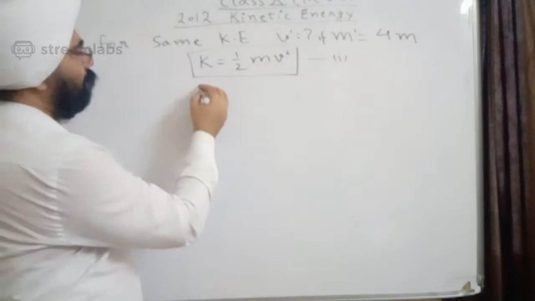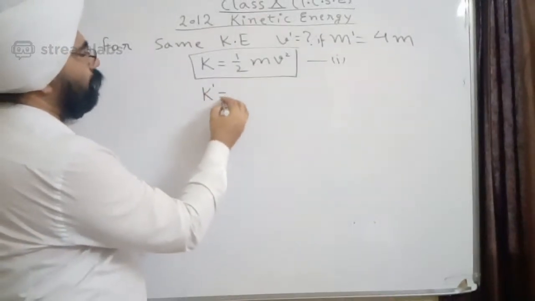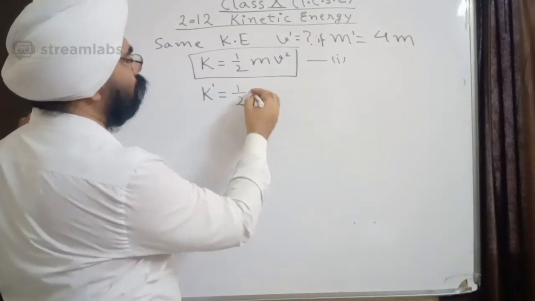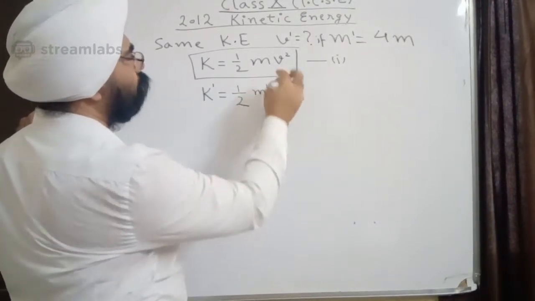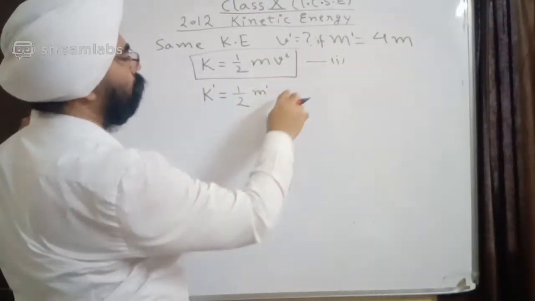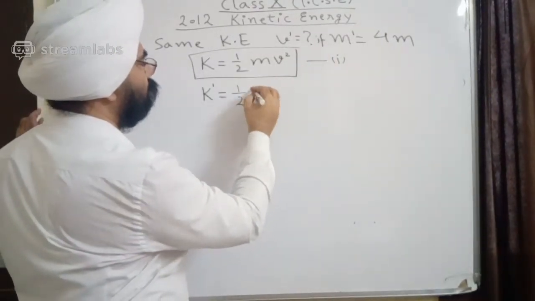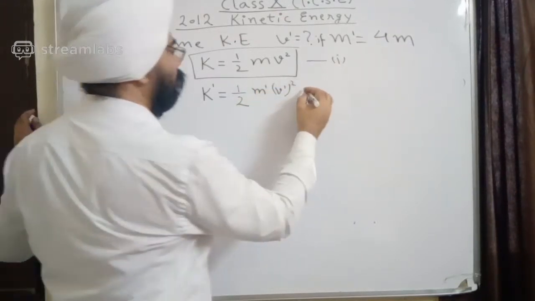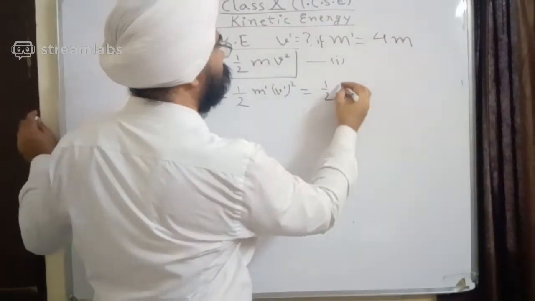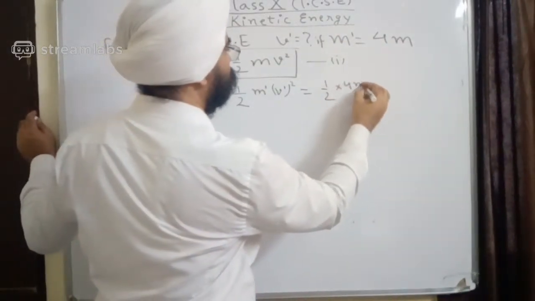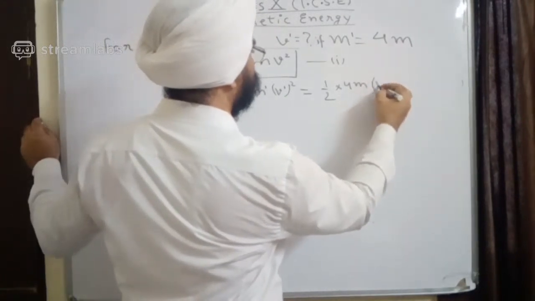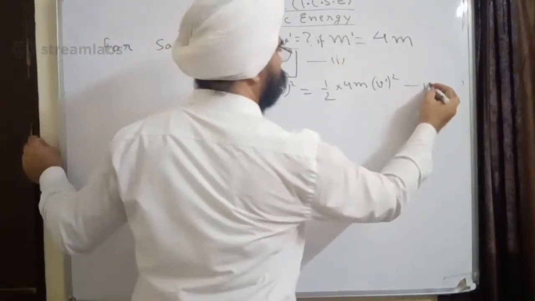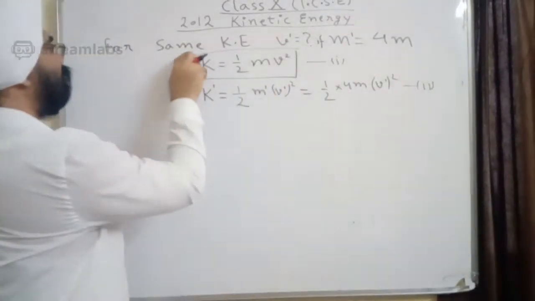For case 2, what does the kinetic energy become? K dash becomes half m dash v dash whole square, which is equal to half into 4m into v dash whole square. The kinetic energy should remain the same, they say.